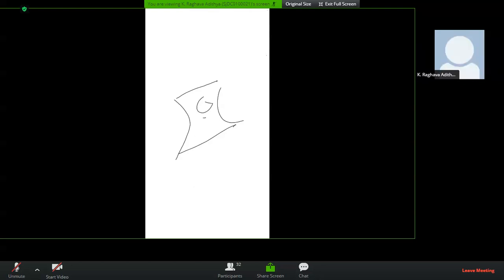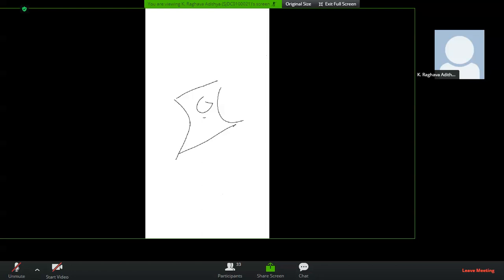In the mirror we can say it passes through the pole, whereas in the lenses we say it passes through the optic center. It is an imaginary line which is passing through the optic center, that is known as principal axis.